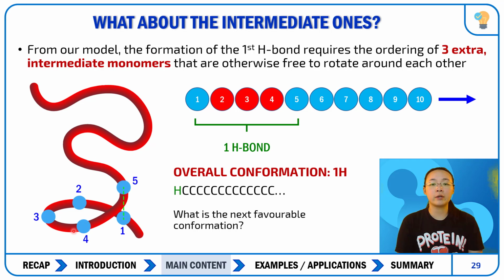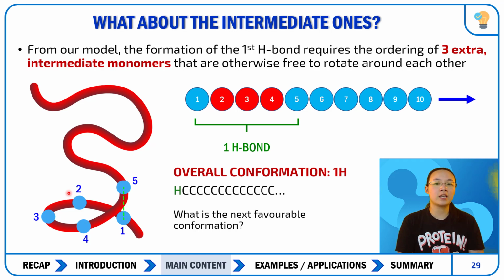So we now ask the question, what is the next favorable conformation? If we have our sixth monomer, so if we add one more monomer up here, what is it going to do? If we think about this together, the sixth monomer will most likely hydrogen bond with monomer number 2, the second one going along the chain. And this is going to be favorable because this conformation doesn't require the ordering of one extra monomer.